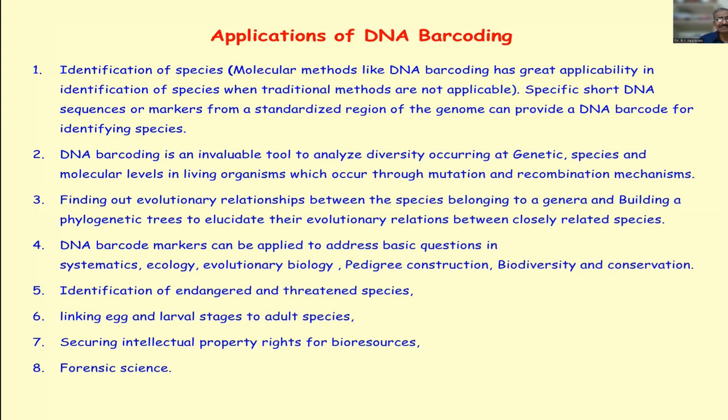Finding out evolutionary relationships between species belonging to a genus, and building a phylogenetic tree to elucidate the evolutionary relationships between closely related species, is possible only when you have the barcode regions, nucleotide sequences of certain conserved regions, conserved genes. A gene which is universally present in all plants is one such.